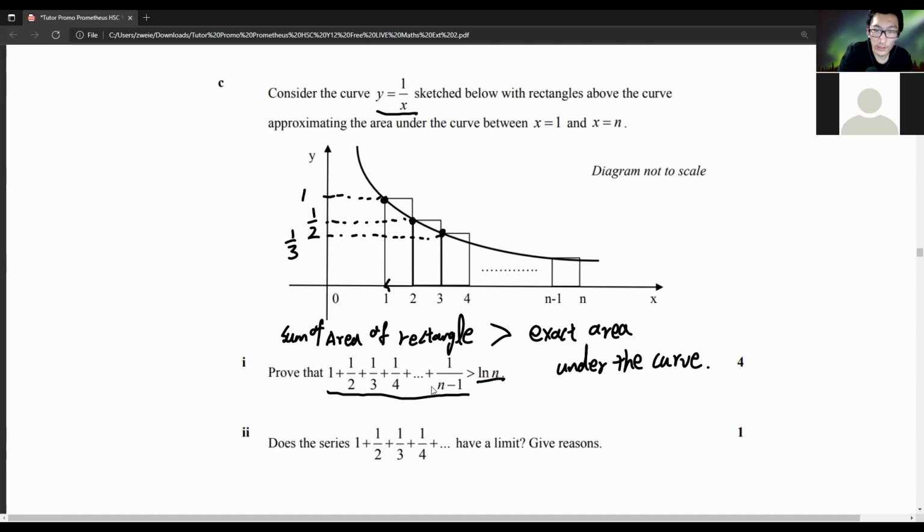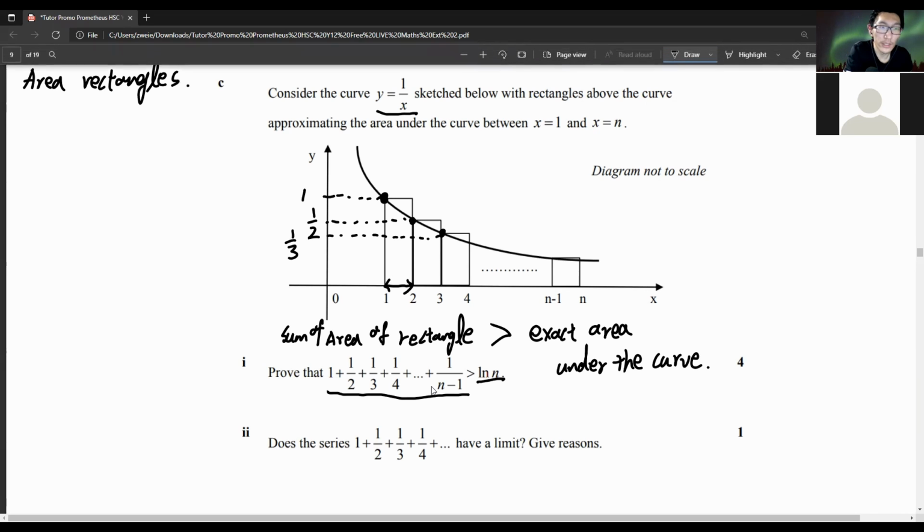Essentially, what I have is the base times height. So the area of rectangles should be equal to, first of all, 2 minus 1, because we are approximating the area between x equals 1 and x equals n.